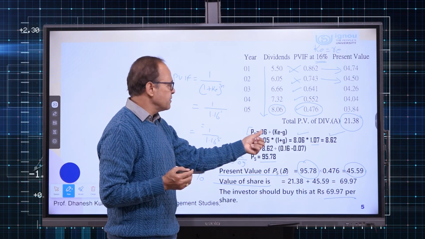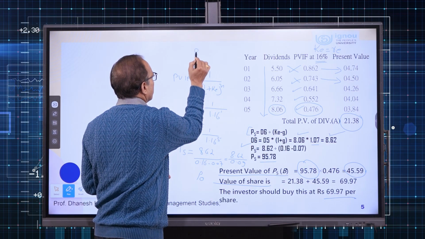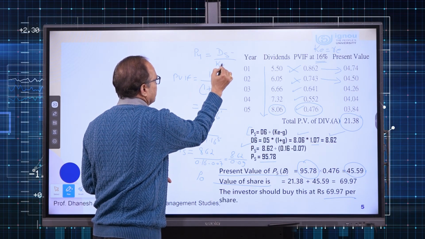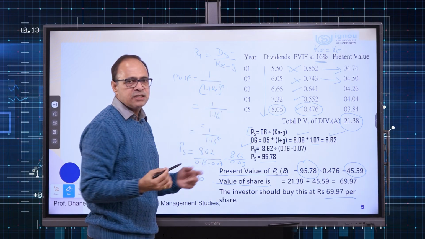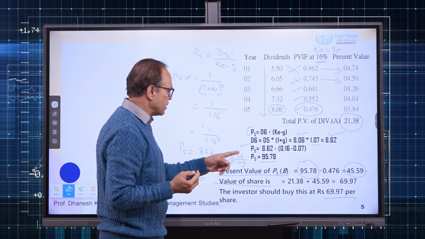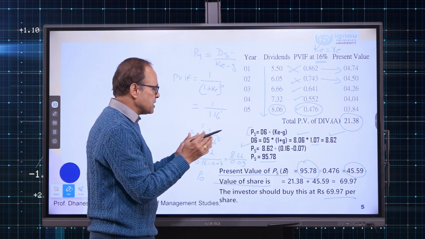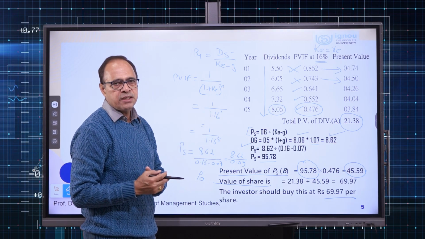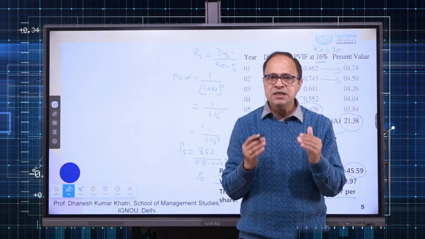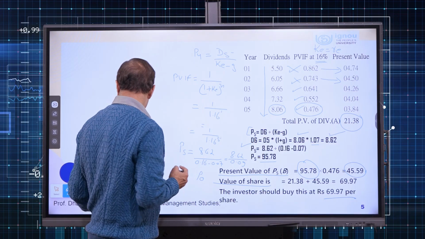P5 is equal to D6 over (Ke minus g). If the supernormal growth period is up till the 4th year, we will be calculating P4, so we will be using D5 in that case. That depends upon the language and the parameters given in the question. Accordingly, we will calculate the present value of that P5, that is part B, and A plus B becomes P0. So that is the concept of valuation of equity shares when multi-stage growth in dividends is given. Let us proceed further.